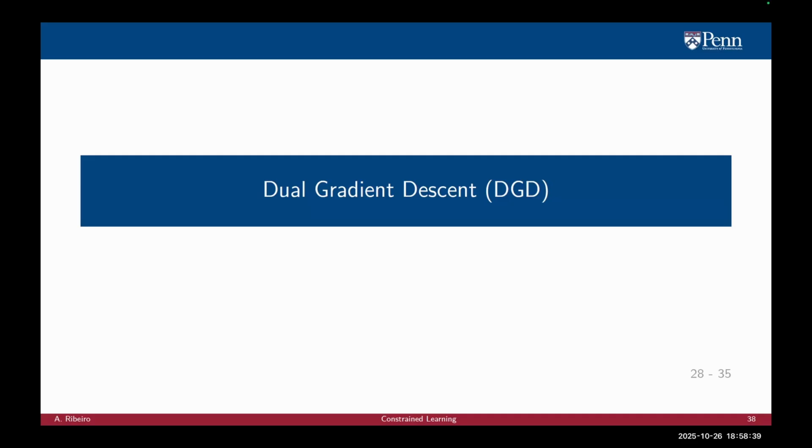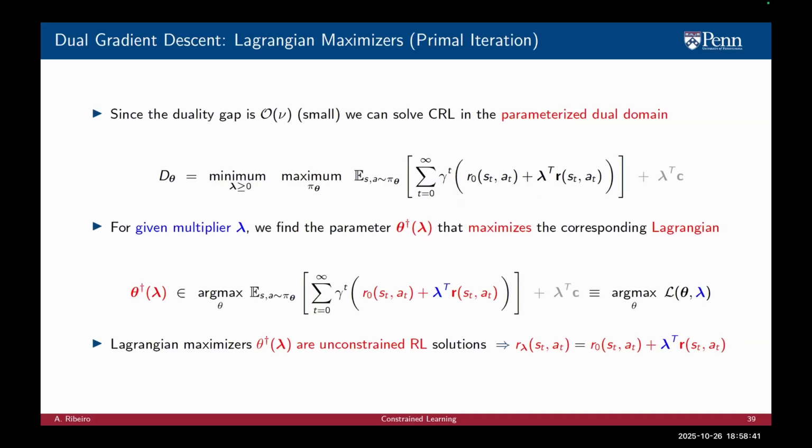Having moved into the dual domain, I can celebrate, throw a small party, because now I have this problem here, which is an unconstrained reinforcement learning problem. Unconstrained reinforcement learning problems I know how to solve.